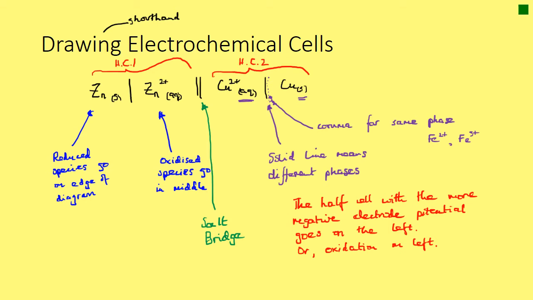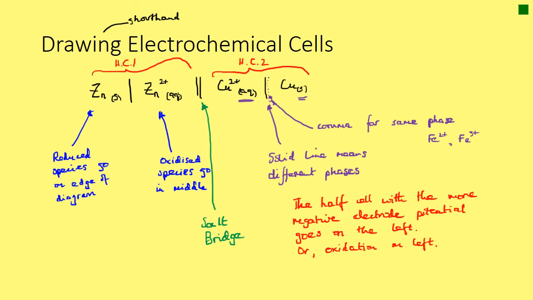So I'm going to draw it out now, and then I'll explain it later. We're going to take zinc, and we'll have it as a solid. We'll have a vertical line, and then we're going to have zinc 2+ ions, and they're in solution. And then we'll have a pair of double lines, and then we've got copper 2+ ions in solution. We'll have a vertical line and our copper solid.